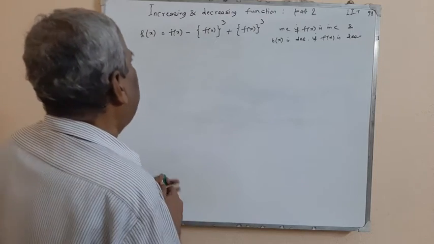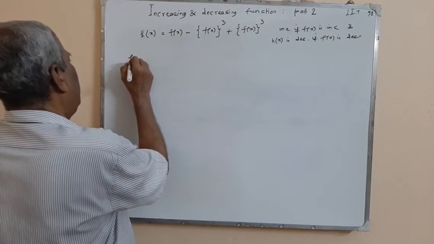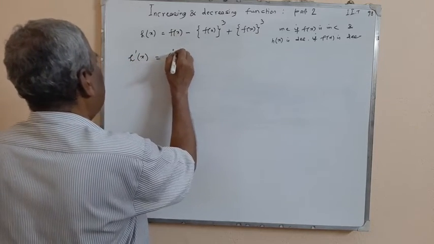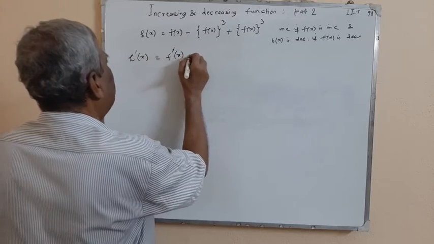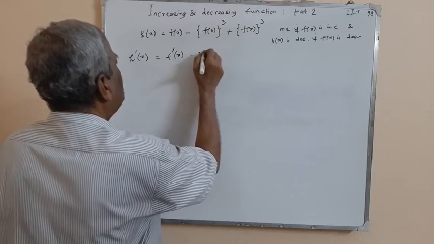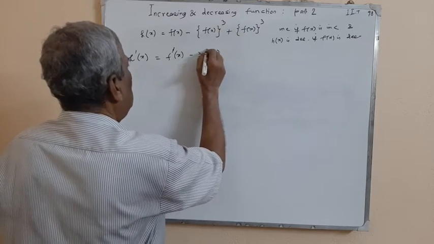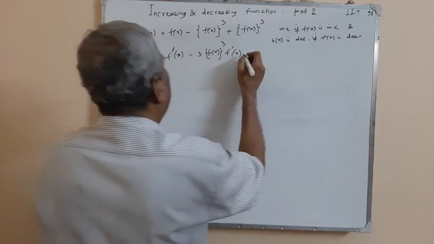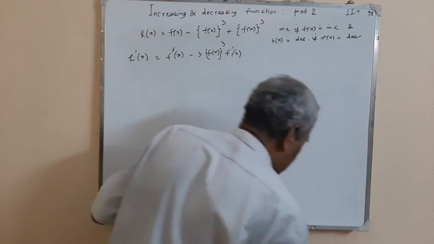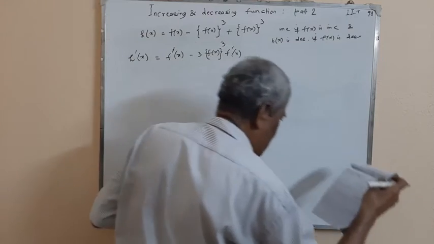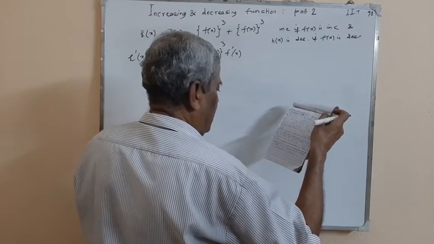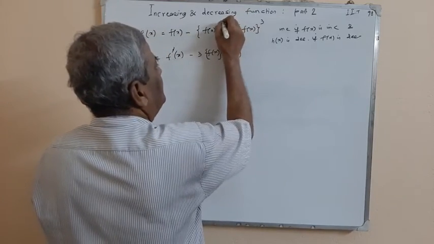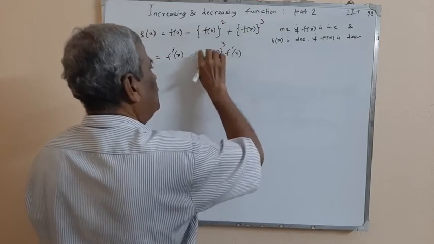For that purpose, let us find the derivative. h dash x is equal to f dash x minus, the second term is f(x) whole square, and the third is f(x) whole cube.